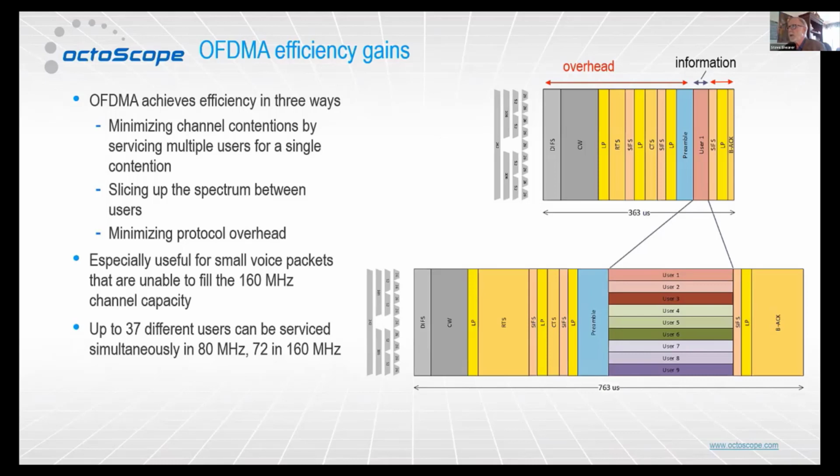There's a lot of overhead leading up to the actual useful information: contention period, RTS and CTS, and preambles and stuff. And if you just take a look at the ratio of the amount of useful information to overhead, again, especially for short packets, you can see legacy Wi-Fi can be quite inefficient.